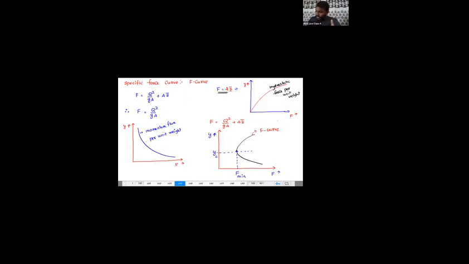Now, critical flow occurs at a minimum specific force.